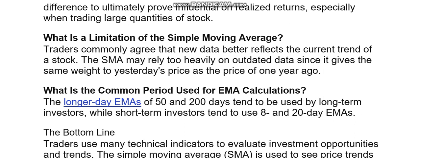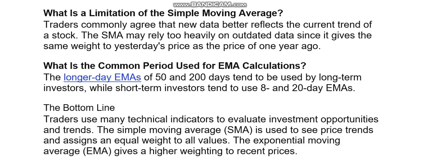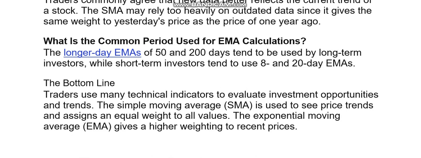What is a limitation of the simple moving average? Traders commonly agree that the new data better reflects the current trend of a stock. SMA may rely too heavily on outdated data since it gives the same weight to yesterday's price as the price of 1 year ago.